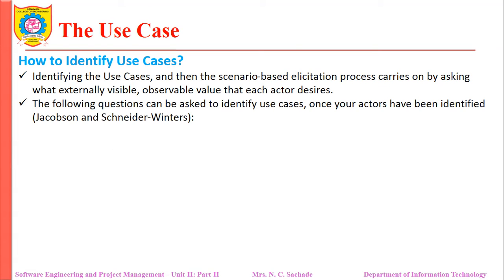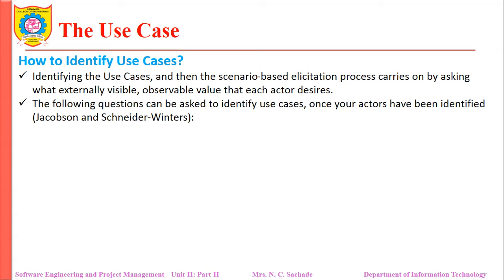Now our next job is to identify use cases. Identifying the use cases and then the scenario-based elicitation process carries on by asking what externally visible, observable value each actor desires.